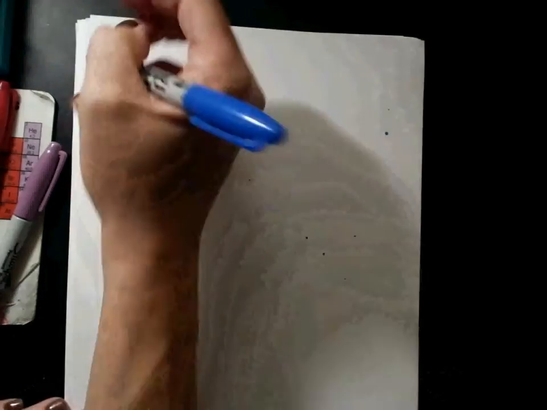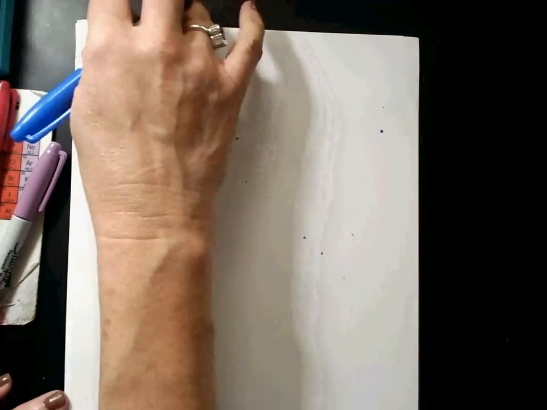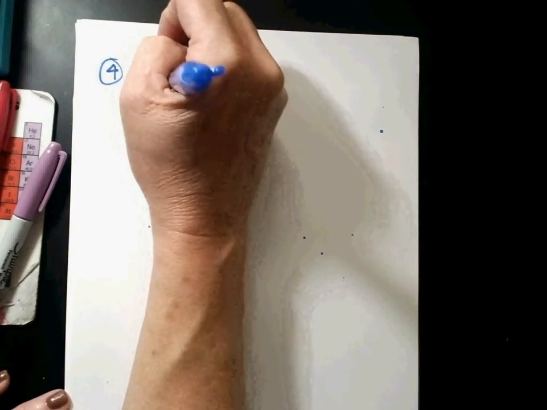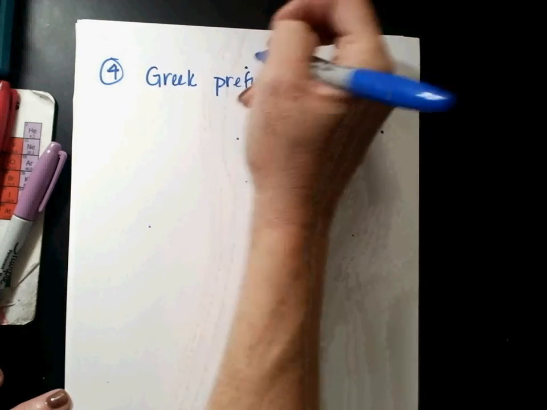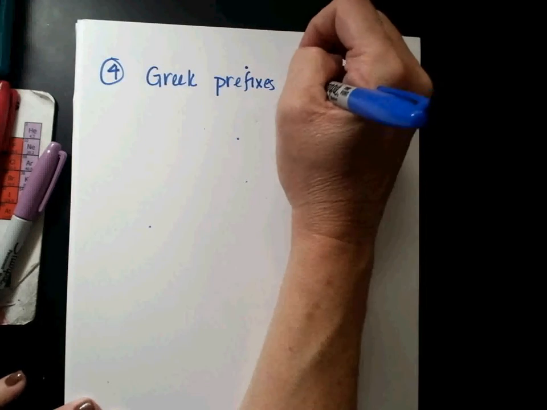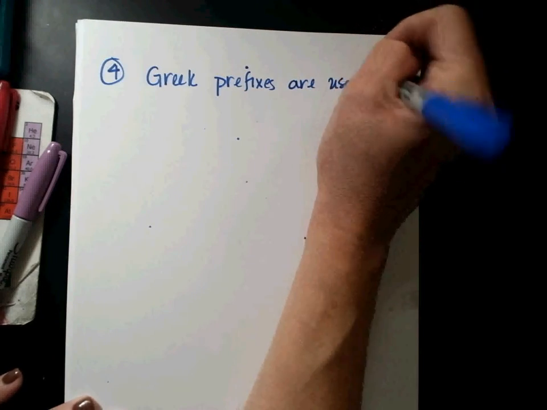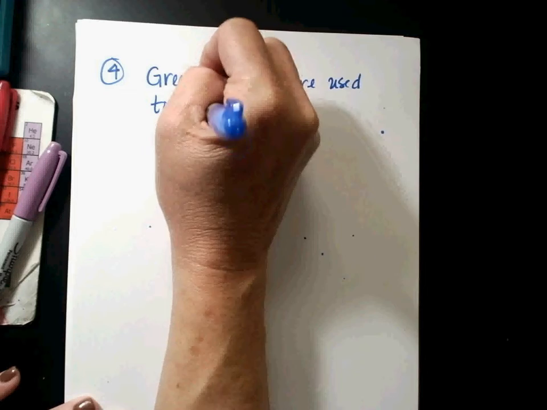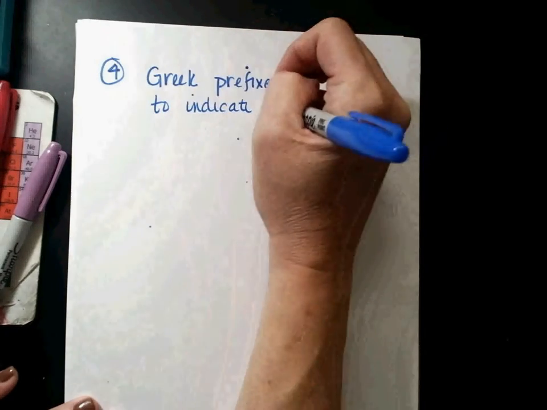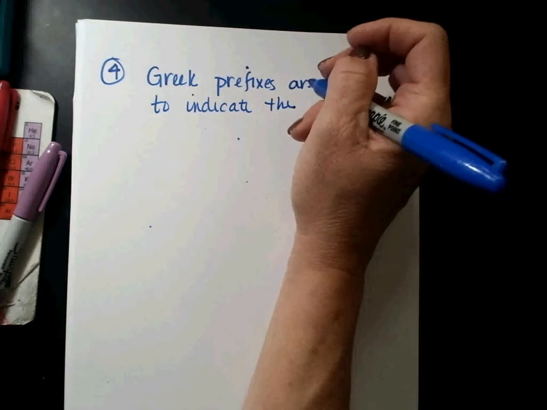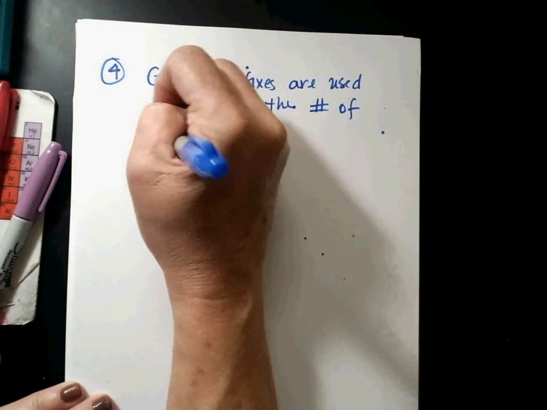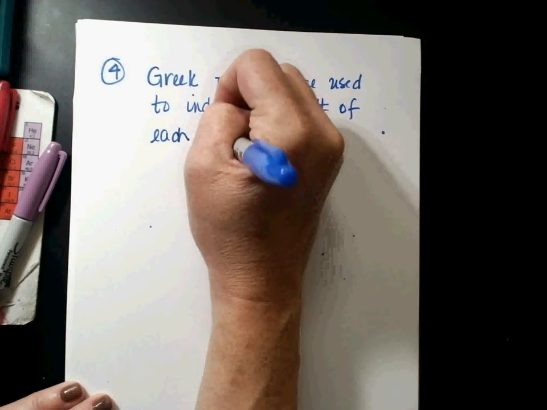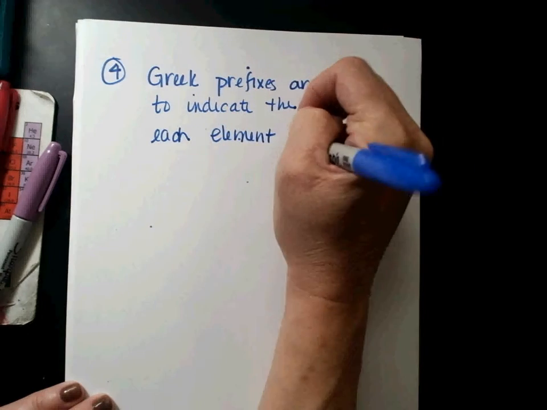And then the last thing, number 4, Greek prefixes are used to indicate the number of each element present.